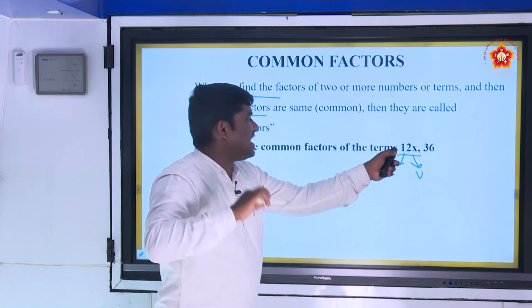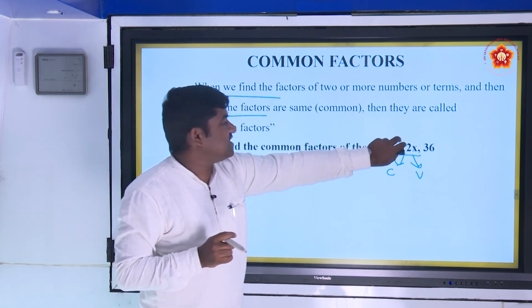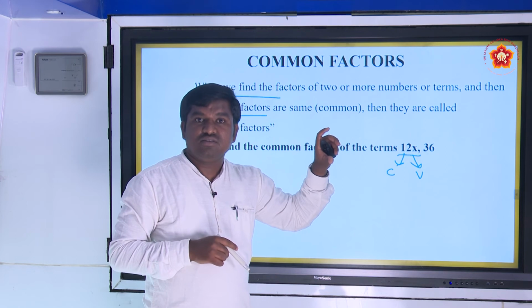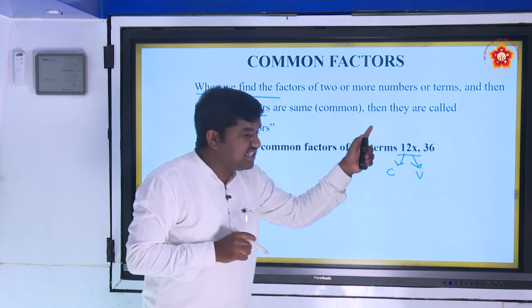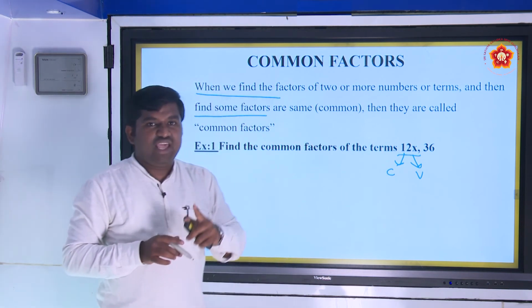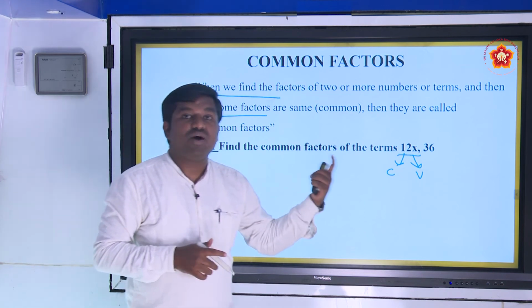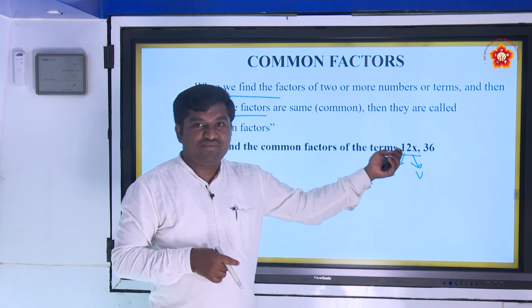If the term has a constant and a variable, observe the constant number, that is 12. Is 12 a prime number or a composite number? That is a composite number. So that composite number should be expressed as a product of prime numbers. Now we know how to find the prime factors of 12.